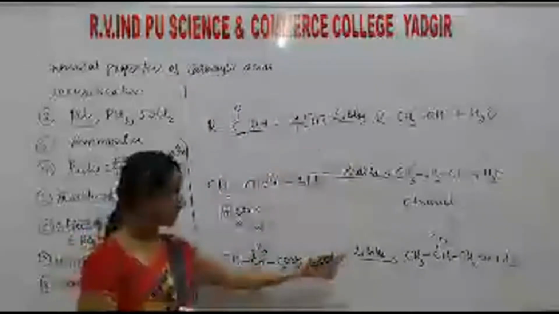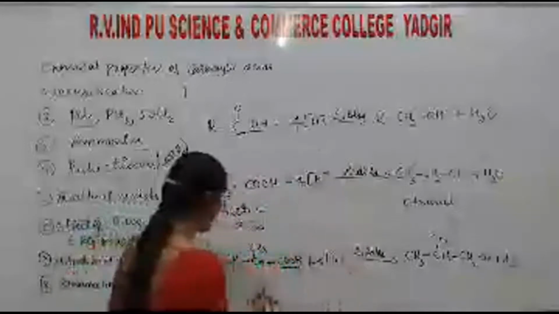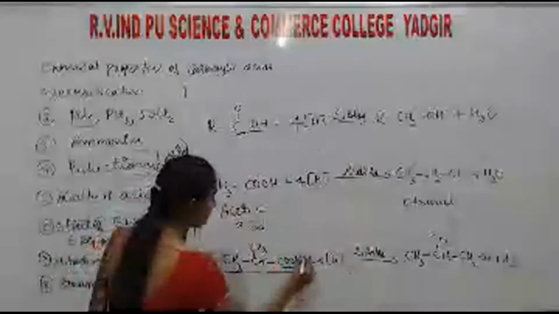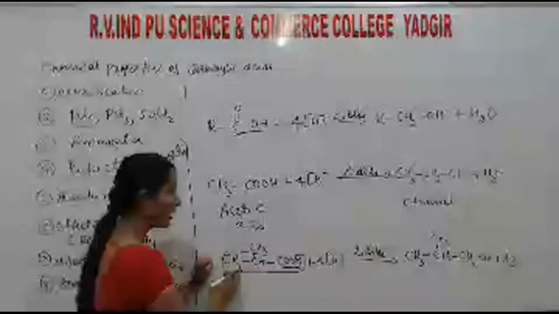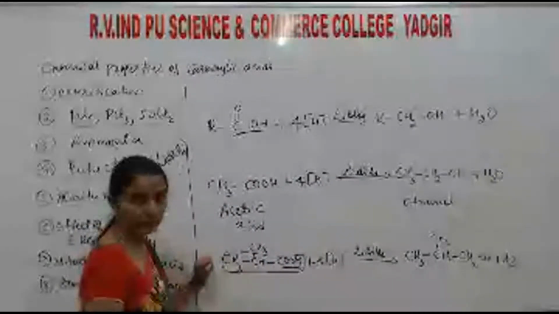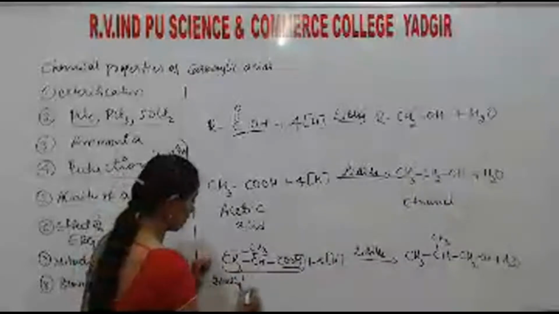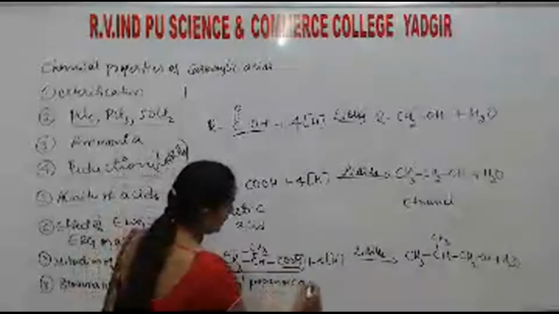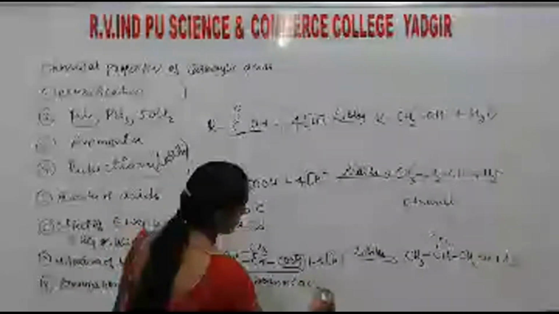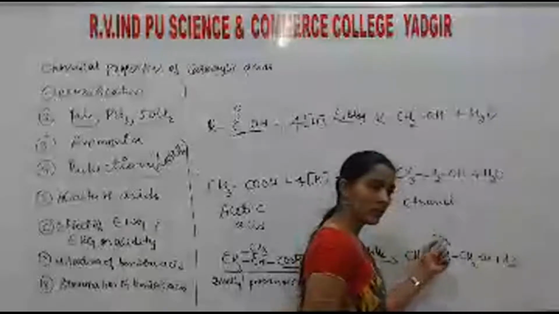Here also same, CH2OH. The name of this compound, so listen, the parent chain is 2-methyl propanoic acid. Here 1, 2, 3 carbon atoms are there, and for the second carbon atom, methyl is there.